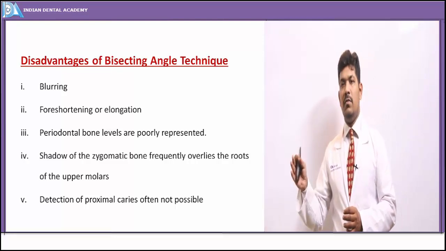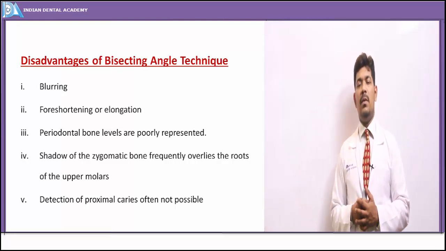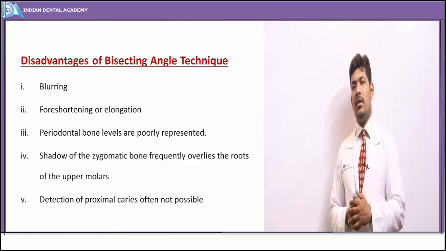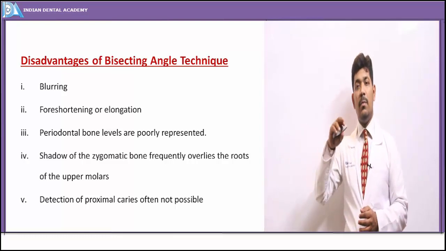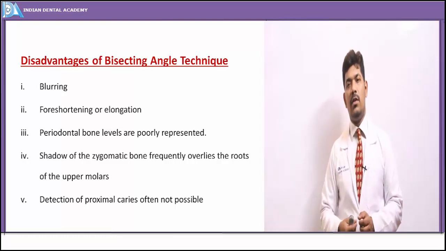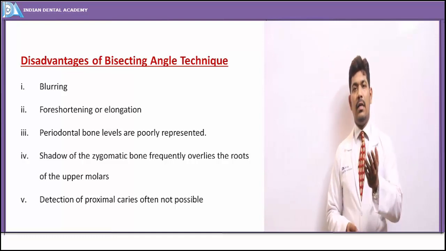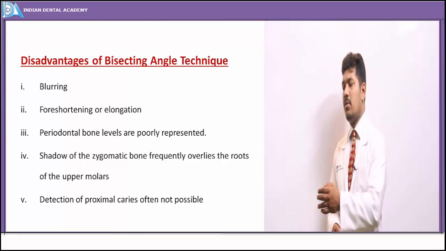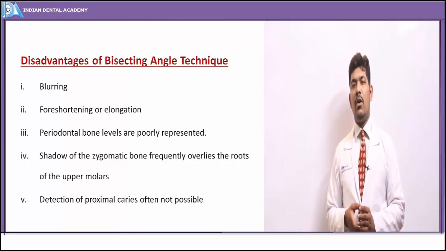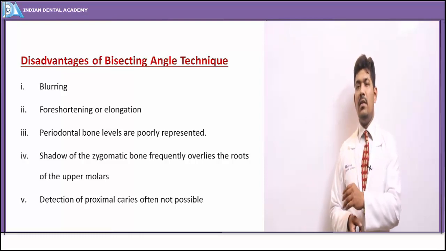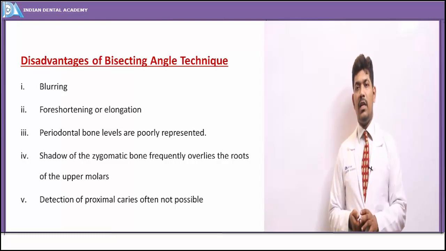Because of this non-parallelism of the X-ray beams to both the receptor and the tooth, we also have the zygomatic bone shadow falling over the apices of the maxillary teeth. And also because of the non-parallelism, we are not able to make out any proximal caries present.